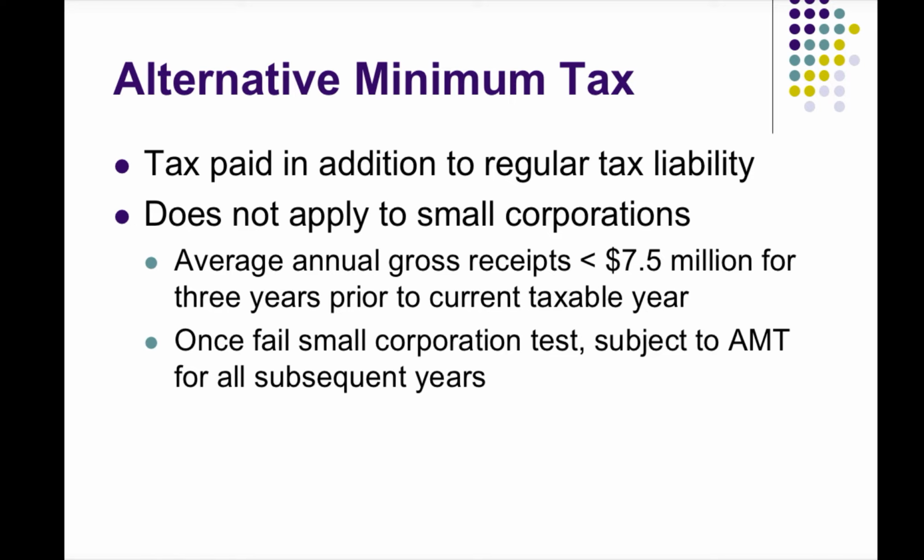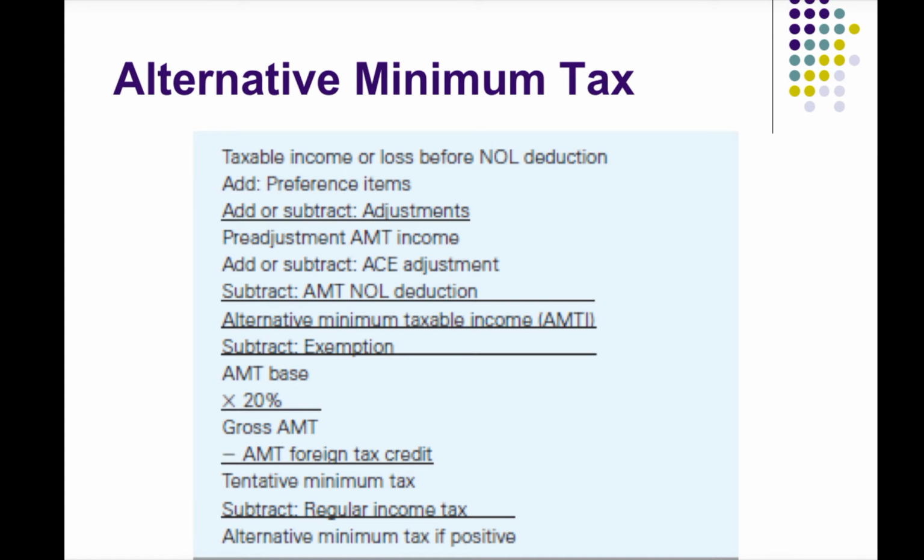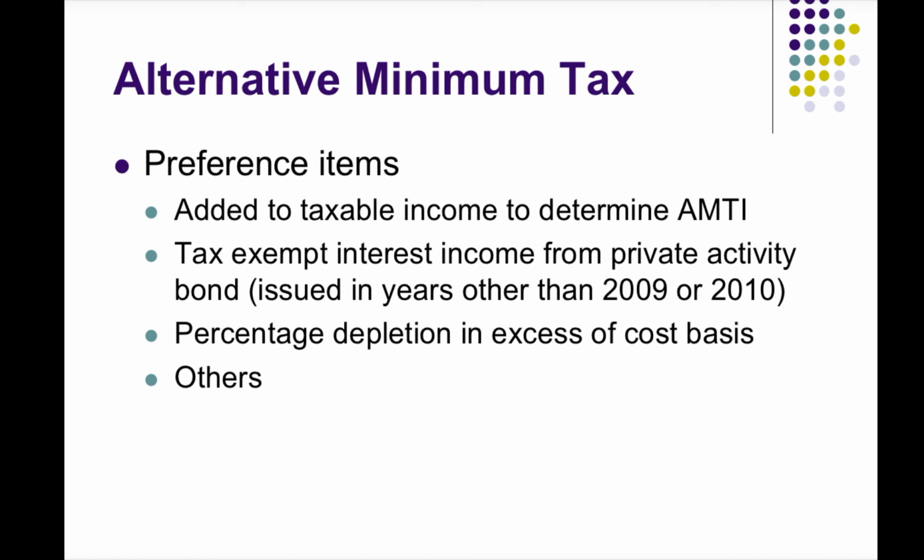Alternative minimum tax is very similar to individual alternative minimum tax, where you're basically adding back in some components of your income that were not taxable for whatever reason in order to make sure that you're not paying too little tax. So basically, you add back in all of these categories.